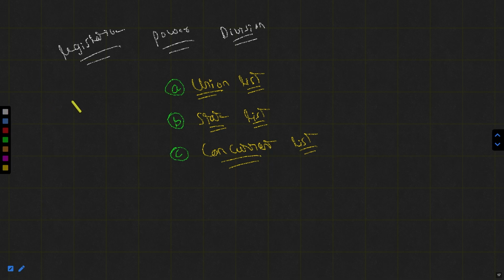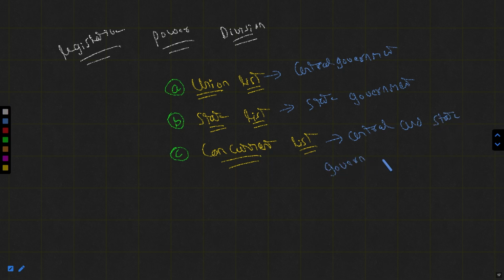All right. The union list completely falls under the central government. The state list completely falls under the state government, and the concurrent list basically falls between the central and state government.